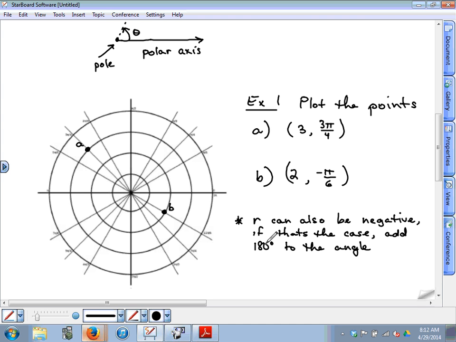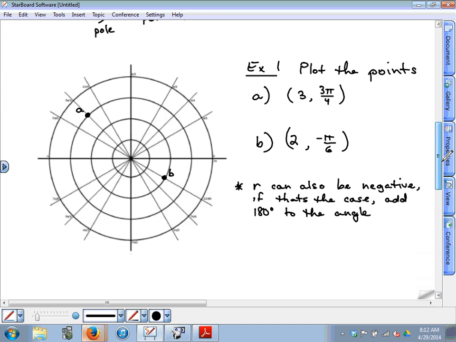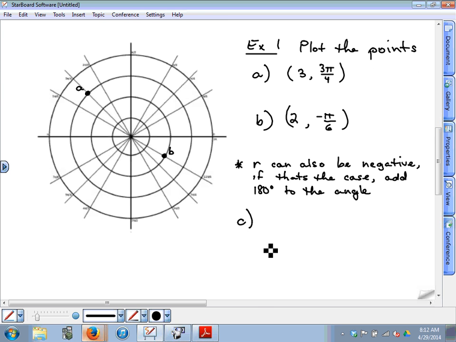That's why we add 180 degrees to the angle and consider that to be a positive distance. So for example, let's keep it on example 1, but let's do part C. For part C, let's talk about the point (-2, π/4).